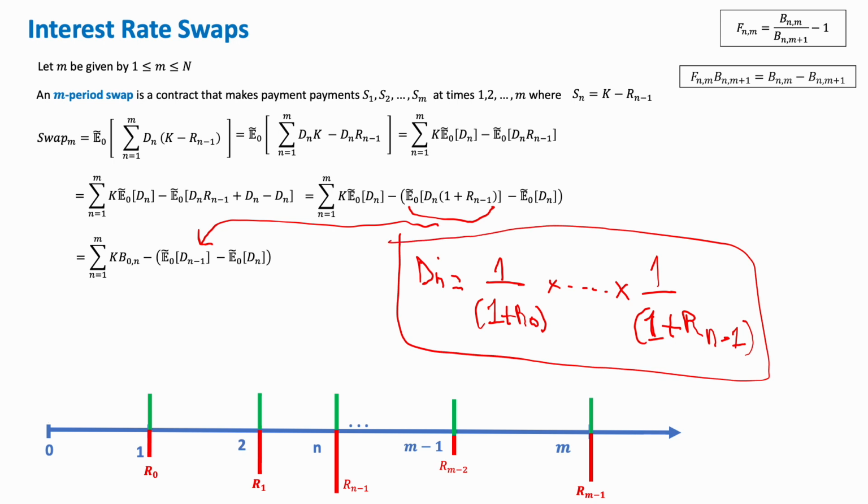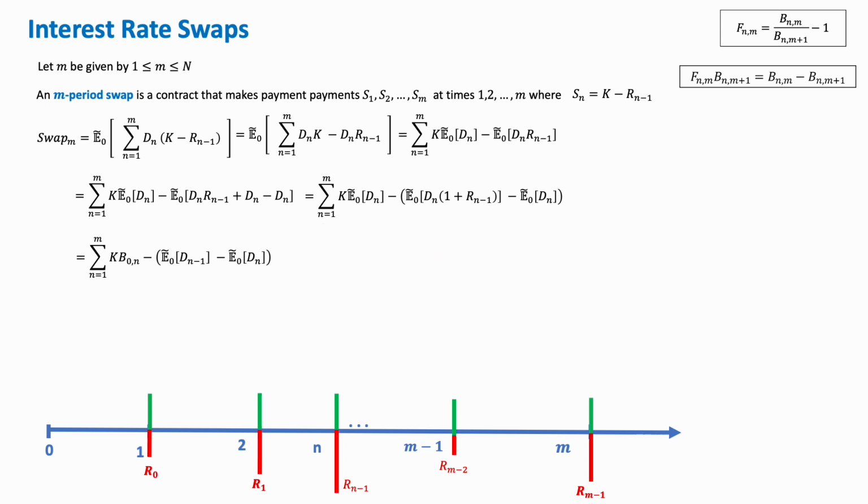When we take Dn and multiply by (1 plus R_{n-1}), these two cancel out. Essentially the last factor that was here was 1 plus R_{n-1}. So that means this just becomes D_{n-1}. And that's exactly what we have here.